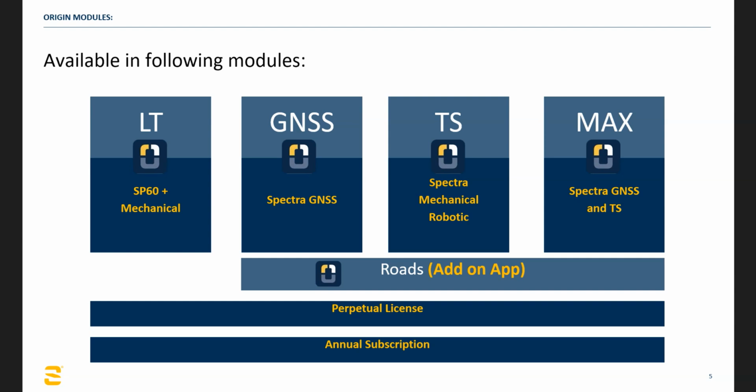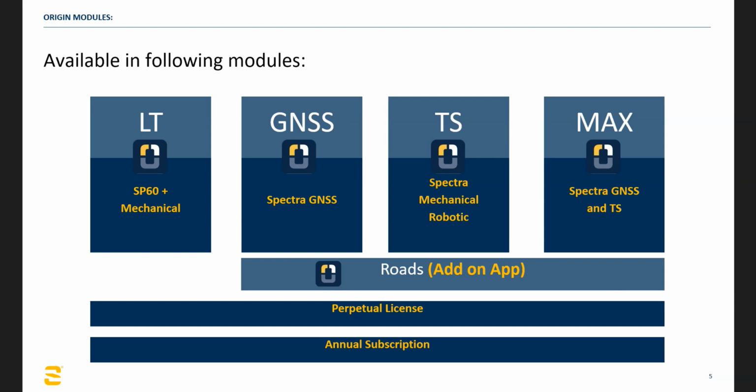If you consider going to the market, for example, with Origin LT and the SP60 and the Mobile Mapper 60, that's a good starting point with the rover sales, right? Especially if you consider the performance of the hardware, new software, and the pricing point.